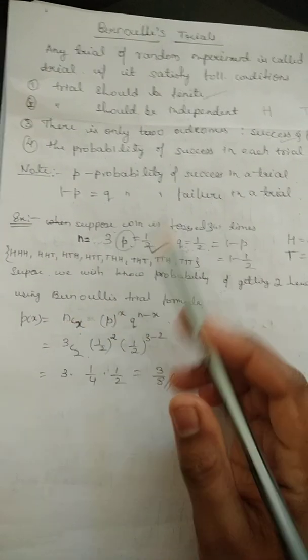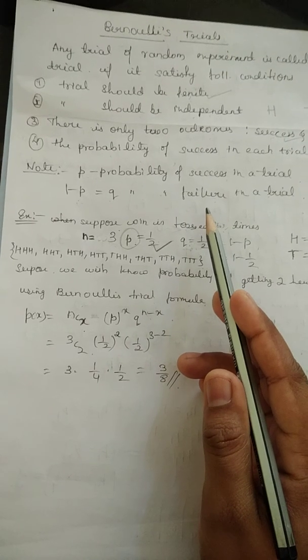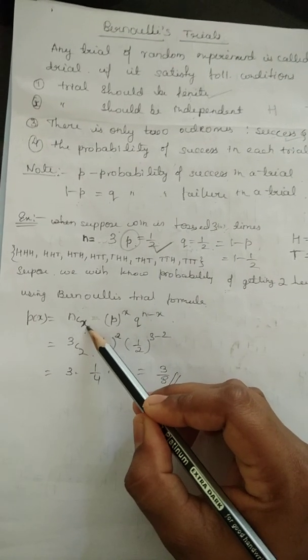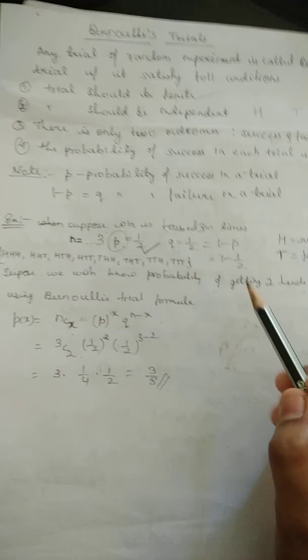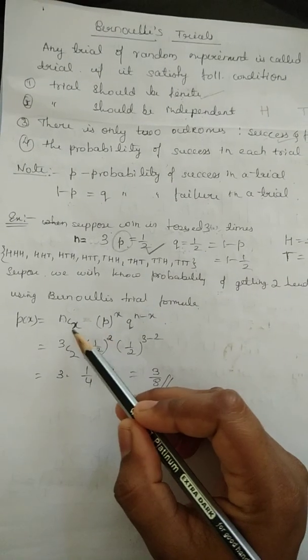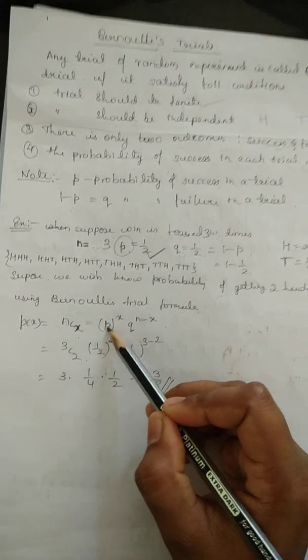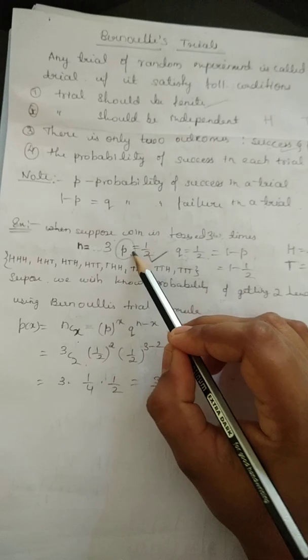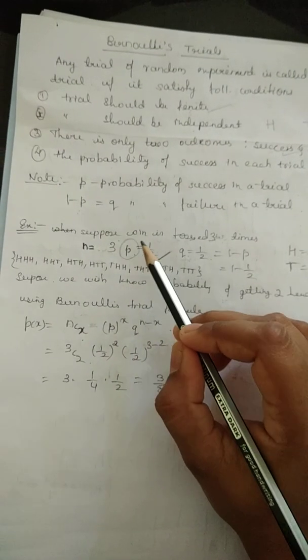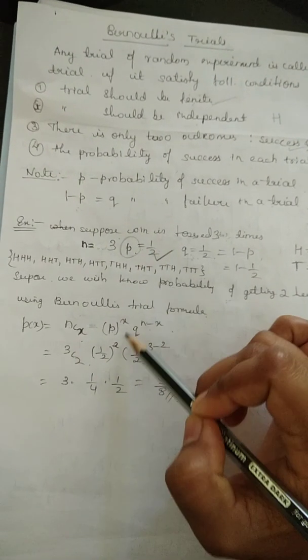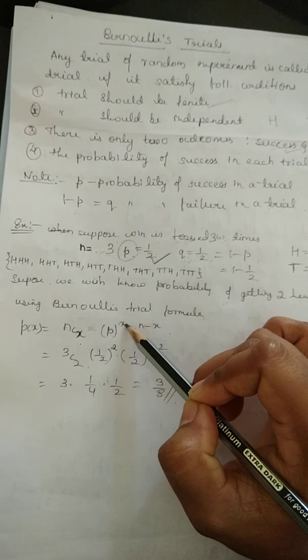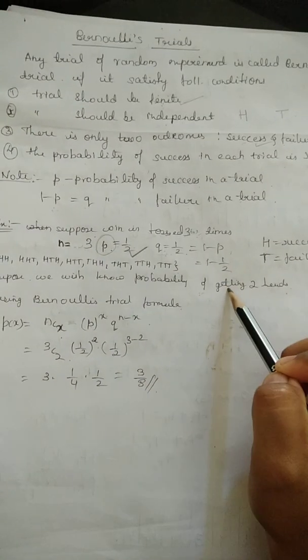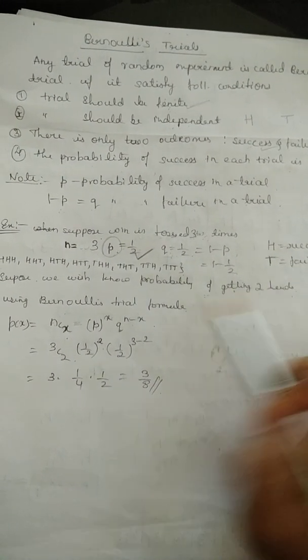Here n is the number of trials, which is finite here. X means getting 2 heads, so here x is equal to 2. What is P? The probability of getting a head in each trial, that is 1/2. X is the number of successes, which is 2 heads.